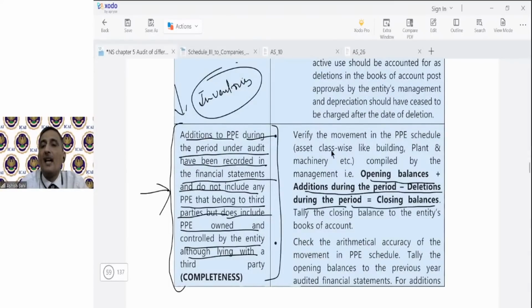Opening balance of PPE items plus addition minus deletion is equal to closing balance, and trace it to the financial statements. जो पिछले साल का ओपनिंग बैलेंस था प्रॉपर्टी प्लांट एंड इक्विपमेंट का, प्लस जो ऐड हुआ माइनस अगर कोई सेल हुआ, और बाकी का क्लोजिंग बैलेंस, वही आपका बैलेंस शीट में बैलेंस आना चाहिए, और वो पीपीई शेड्यूल के साथ टैली होना चाहिए. उसकी अरिथमेटिकल एक्यूरेसी आपको टैली करनी है. सिंपल थिंग, यू हैव जस्ट टू सी दैट इट इज अर्थमेटिकली प्रॉपर, और जो एडिशन सबट्रैक्शन करके जो फिगर आ रही है वो आपकी रिकंसाइल्ड है, वो टैलीड है. ओके.